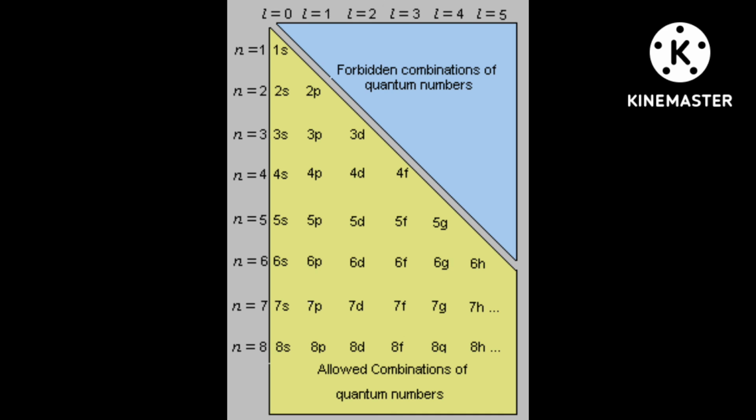Then 10 into 2, a total of 20 possibilities for spin. Like that for f, 7 orbitals are there, which means 14 electrons. For each electron 2 possibilities, then 14 into 2, total 28. This you keep in mind.